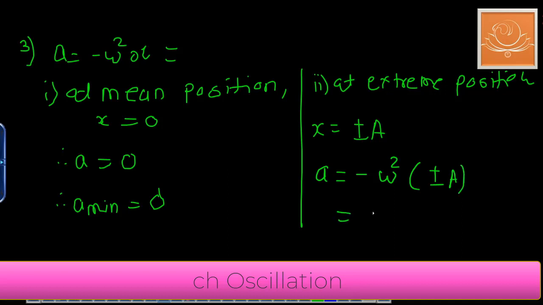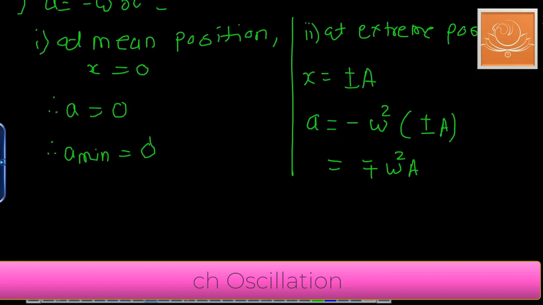This becomes minus or plus omega square into a. This is the maximum value of acceleration.